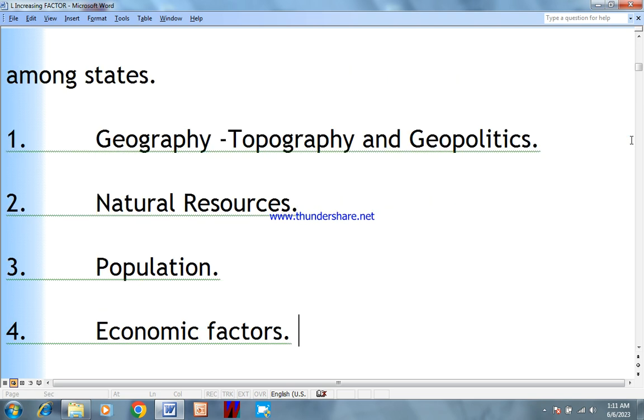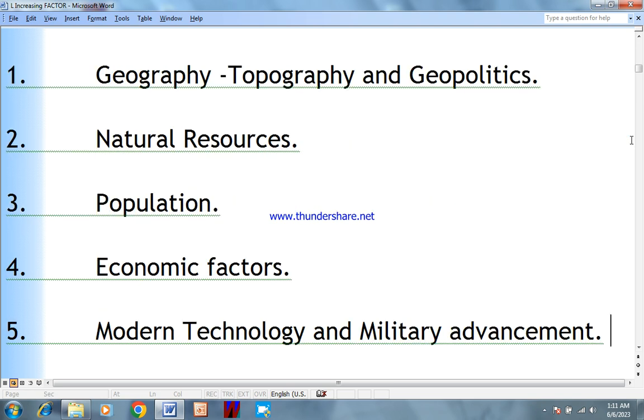That is, number one, geography, which includes topography and geopolitics, or location. Number two, natural resources. Number three, population.